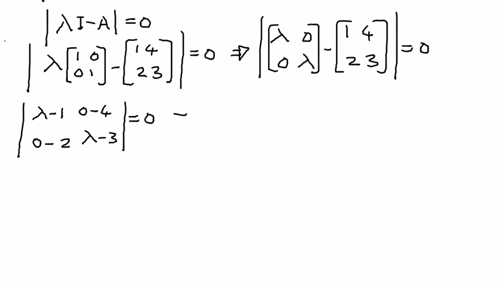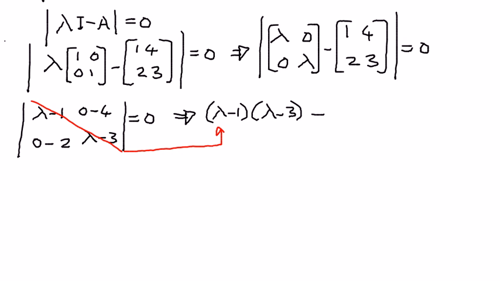We can also write this one out as follows. We're going to expand this, and the way to expand it is as follows. We multiply the major diagonal elements and write them out, so that is lambda minus 1 times lambda minus 3, minus the product of the minor diagonal elements.